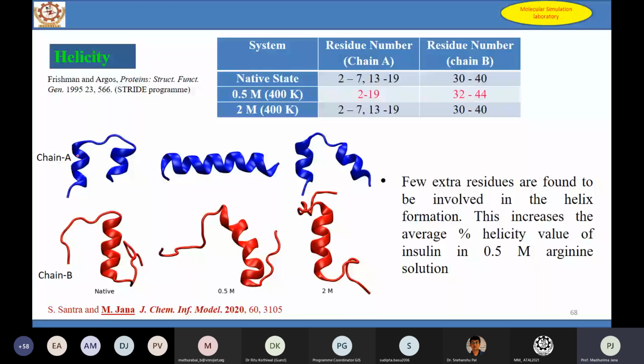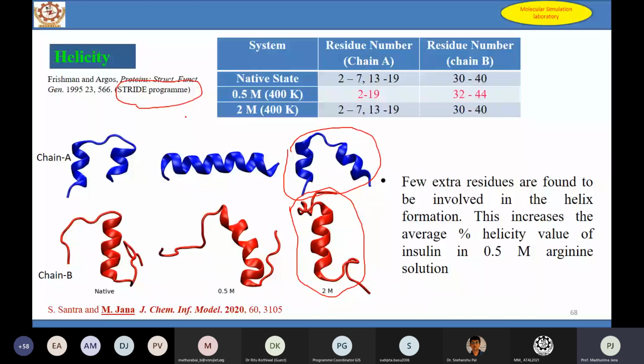In insulin we have 2 different chains, chain A and chain B, and we have shown the helicity for those 2 cases here. You can quantify that using the STRIDE program, which is already built into some packages, so you can use that.